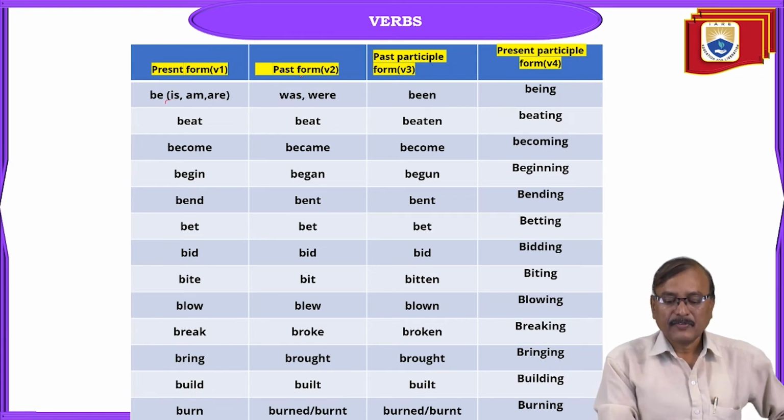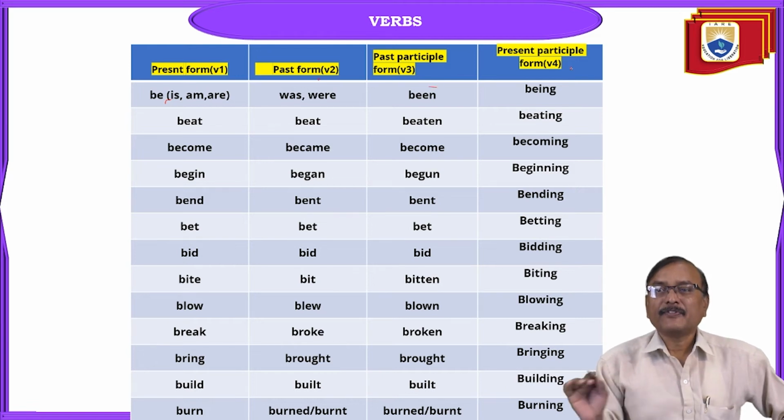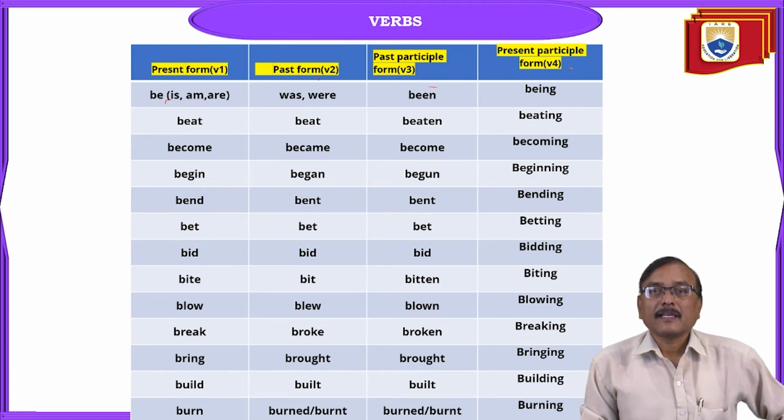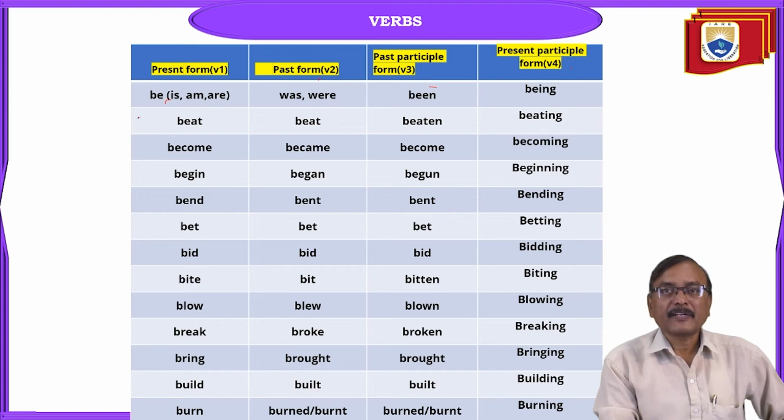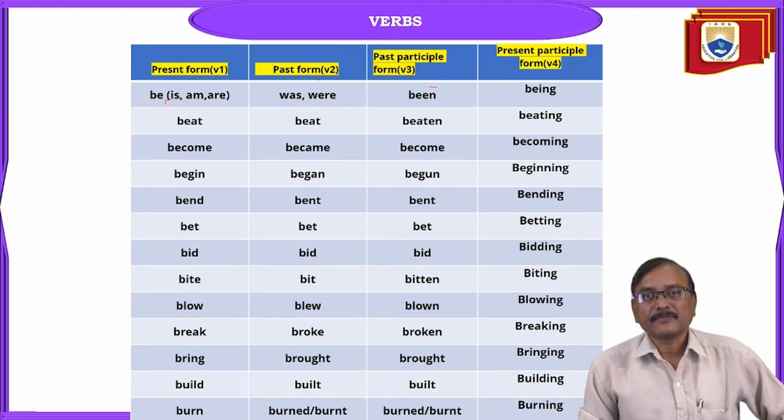This is V1, V2, V3, V4. Even these V forms can often be used as main verbs also.